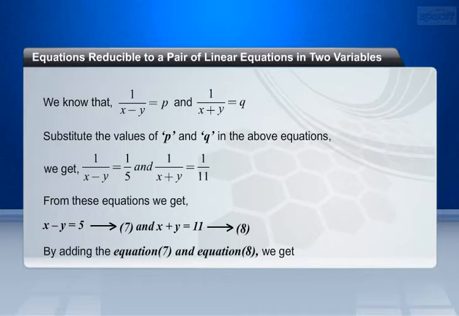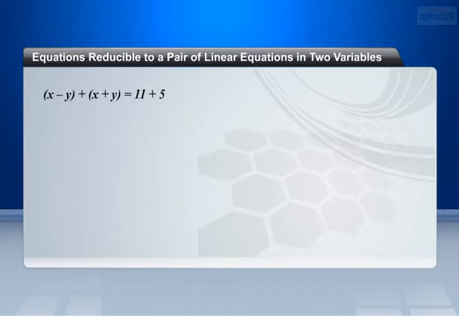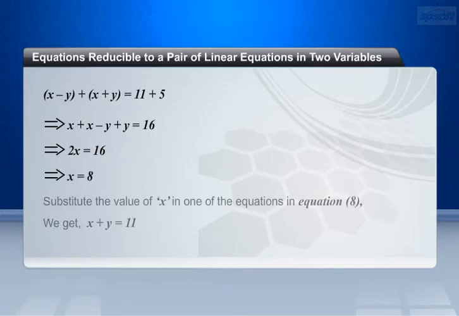By adding equation 7 and equation 8, we get x minus y plus x plus y equals 11 plus 5. This implies that x plus x minus y plus y equals 16. This implies 2x equals 16. This implies that x equals 8.